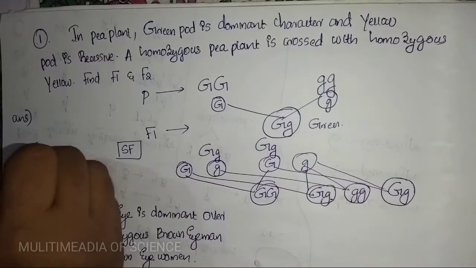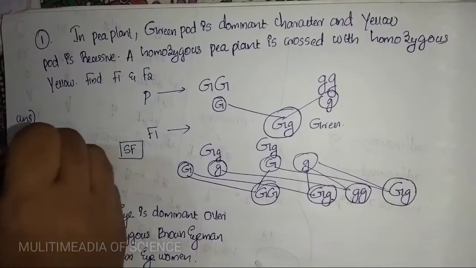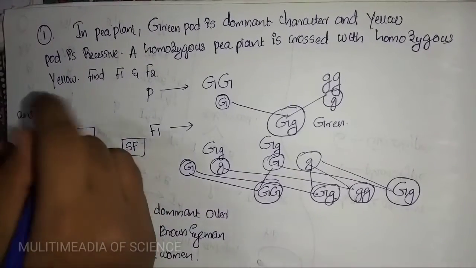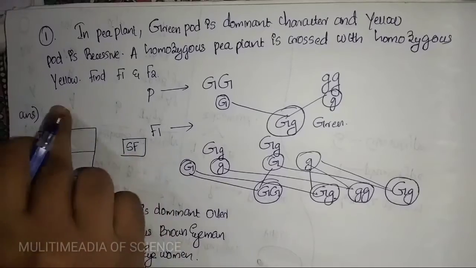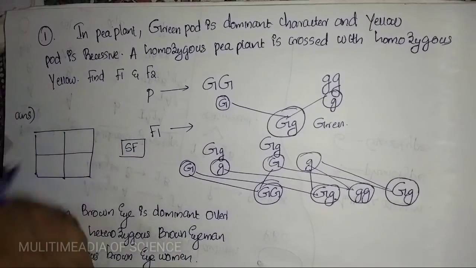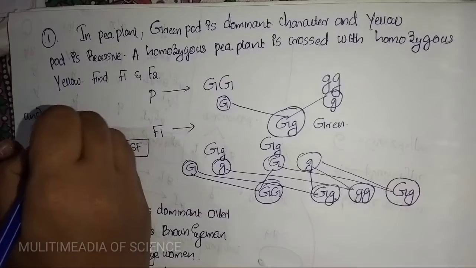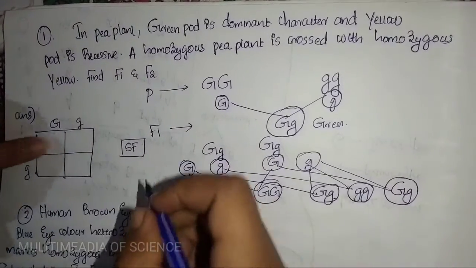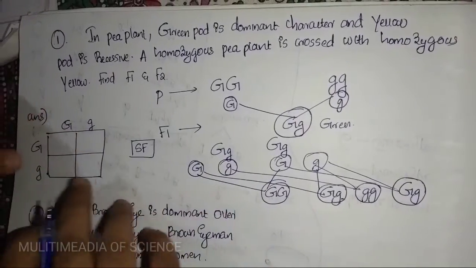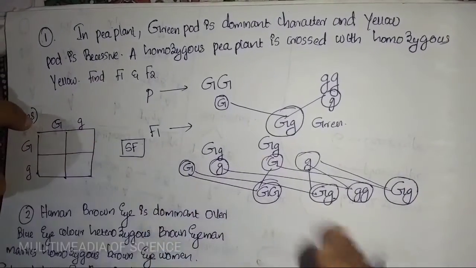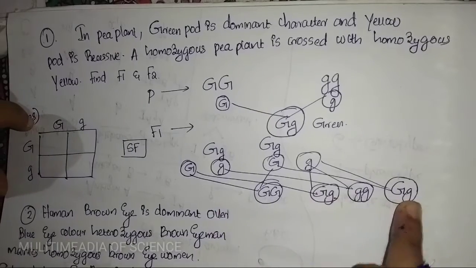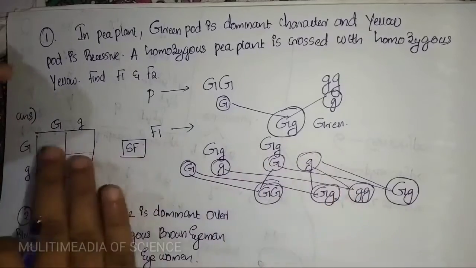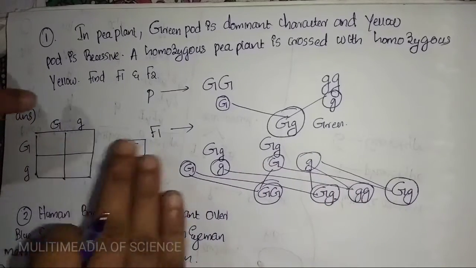I'm just writing here. Write this gamete here, top position and in the left side. While writing like this, we can make the result come the same, but if you look at this, it is a somewhat complicated form. So I am writing here to make it easy for you.